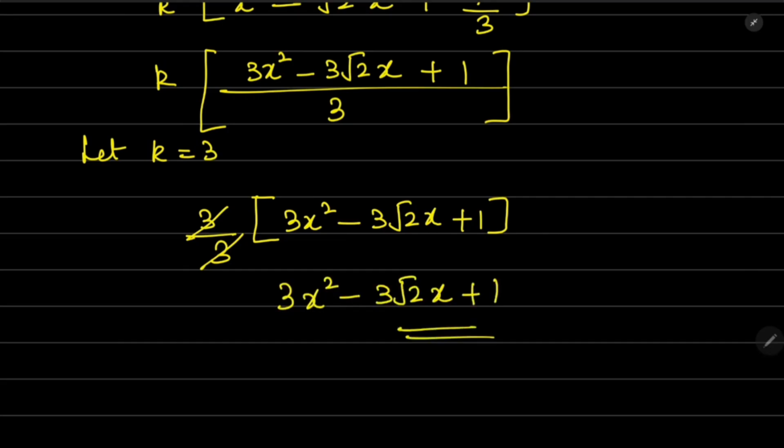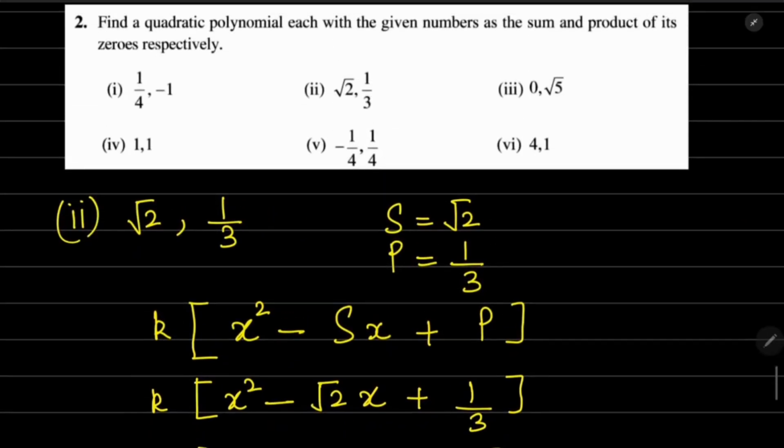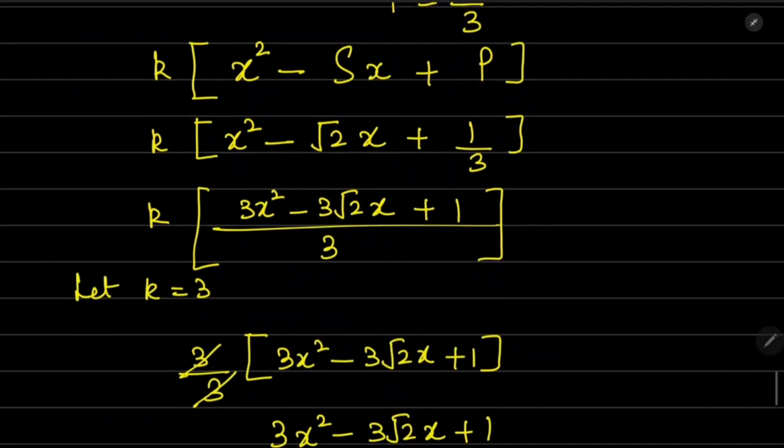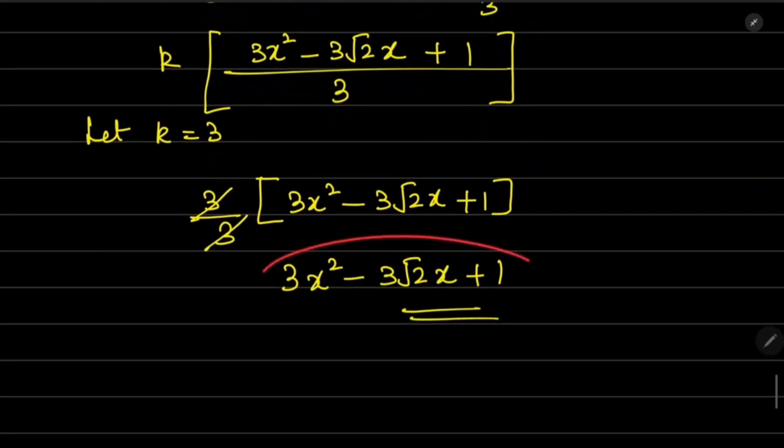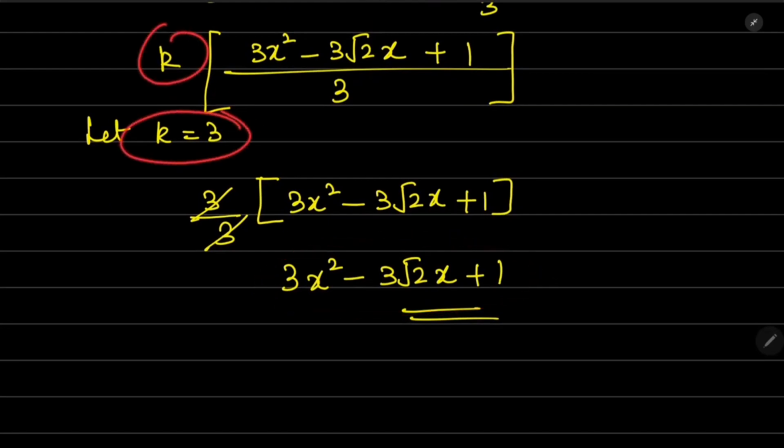You just have to find a quadratic polynomial. Look at the question: find a quadratic polynomial each with the given numbers as the sum and the product. Again I'm telling you, this is not necessarily the only answer. You can substitute any value of k and everything is a right answer, but you have to solve it correctly.